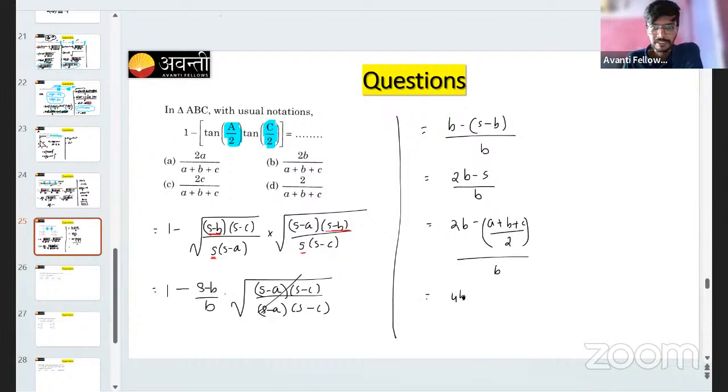This will be (4b minus a minus b minus c) upon 2b. I guess we made some mistake. What? tan A by 2, (s minus b)(s minus a)... tan C by 2, (s minus b)(s minus c). This will get cancelled.